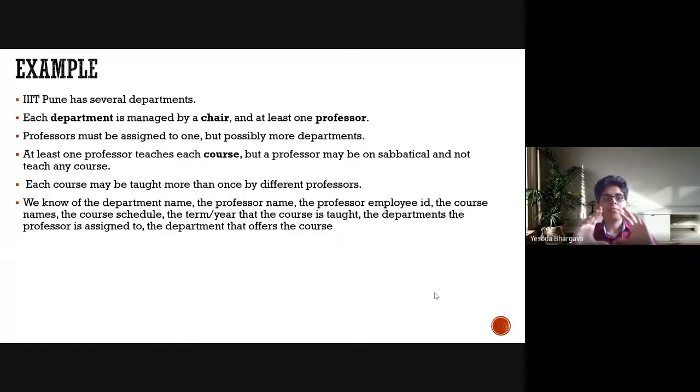So when you look at this particular example of a university having multiple departments, what do you think could be the possible classes? Which are the classes that stand out immediately after reading this kind of description?